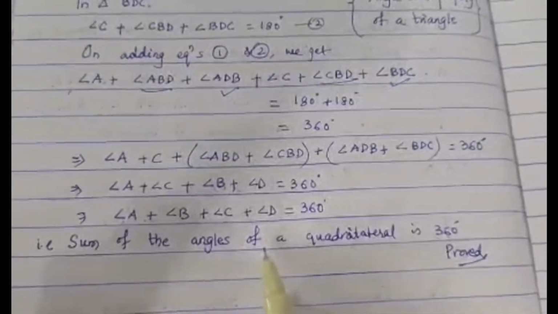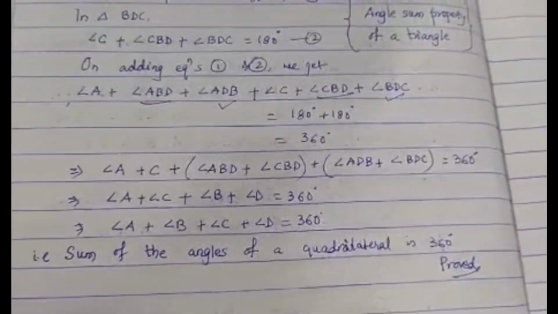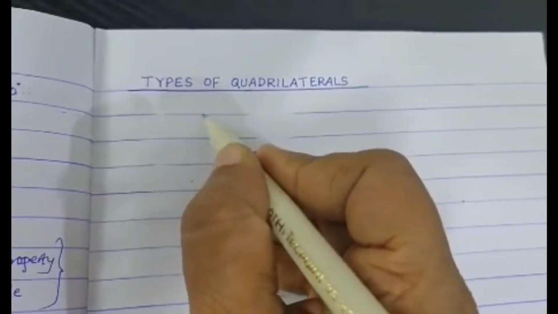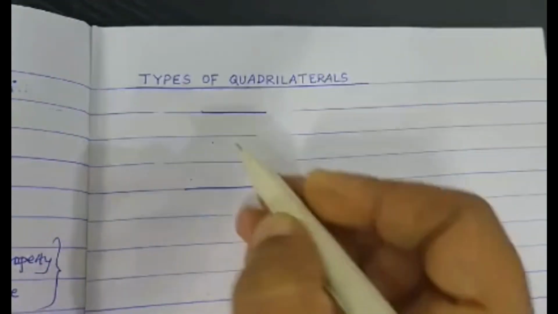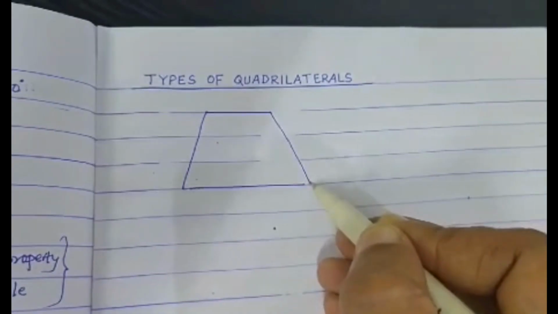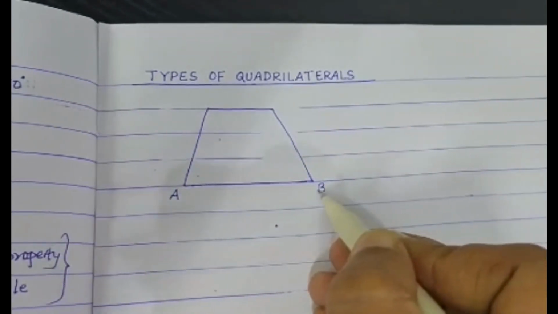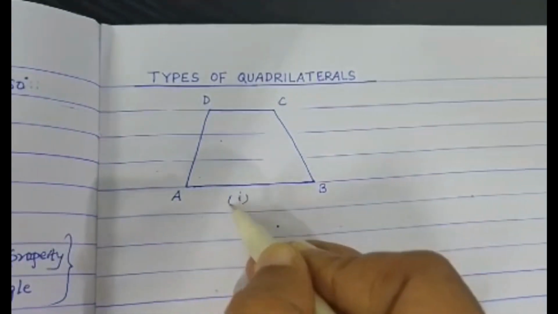All right. Now let's move on and see what the types of quadrilaterals are. Now let's study the types of quadrilaterals. I am going to draw some figures. This is one of the figures. Let us suppose this is A, B, C, and D. This is figure number 1.